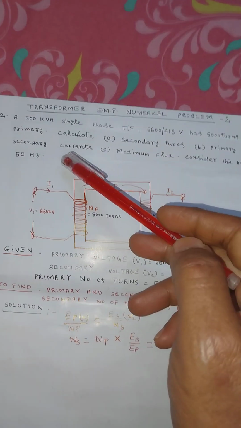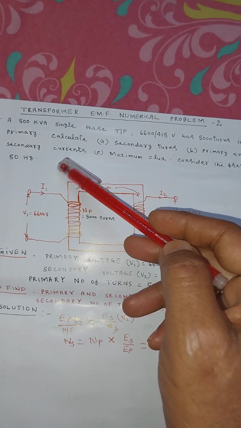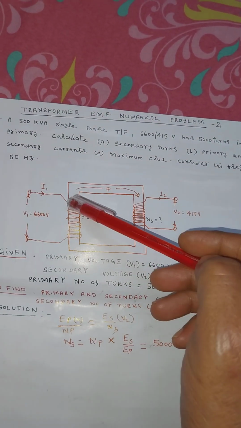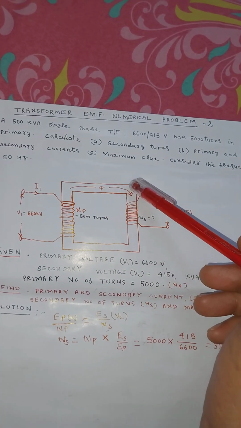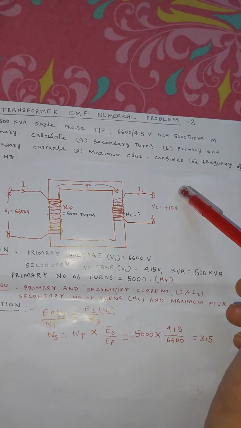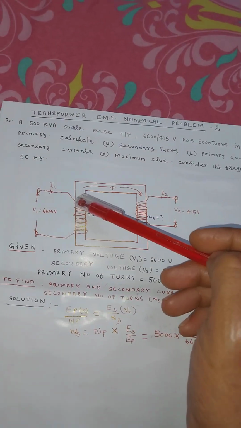Also the primary and secondary currents I1 and I2, and maximum flux phi m considering the frequency of 50 Hertz.